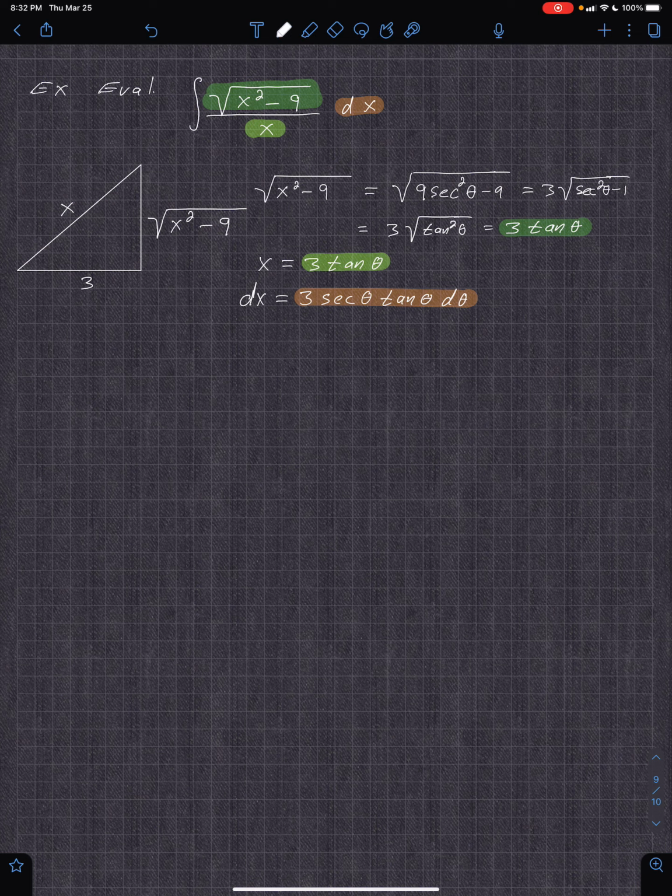Okay, so let's do our substitution. The integral of the square root of x squared minus 9 over x dx is equal to, now let's substitute everything in. All of that stuff up top became 3 tangent theta, over, the denominator is going to be just my x.